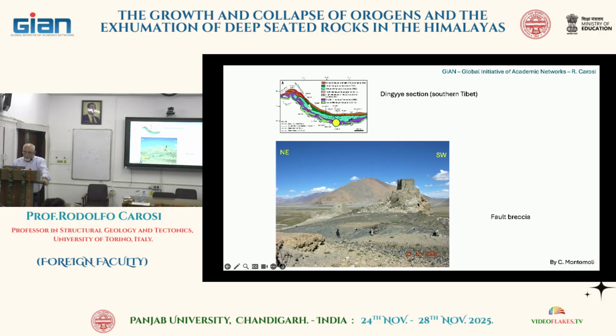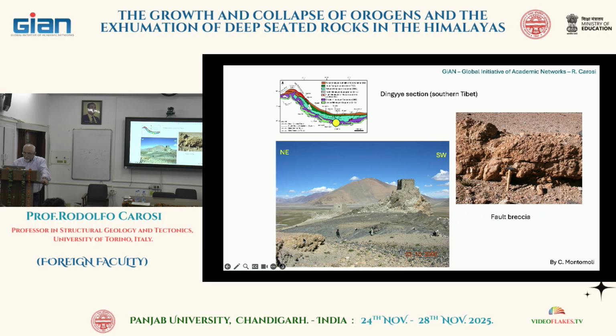The white is deformed leucogranite, and this is a breccia made of Ordovician limestone. So you have a ductile rock here and brittle rock just above. These are clasts of the breccia made by Ordovician rocks, deformed by the brittle fault.